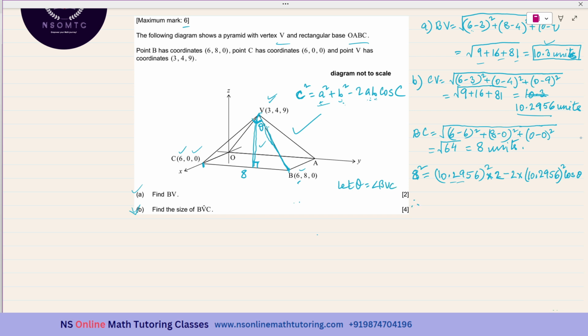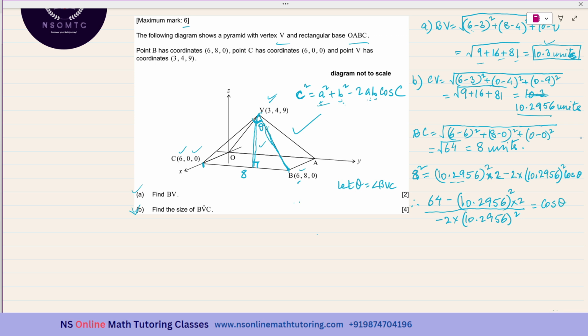So therefore, 8 square is equal to 64 minus 10.2956 whole square times 2, divided by negative 2 times 10.2956 whole square. So this is equal to cos theta.